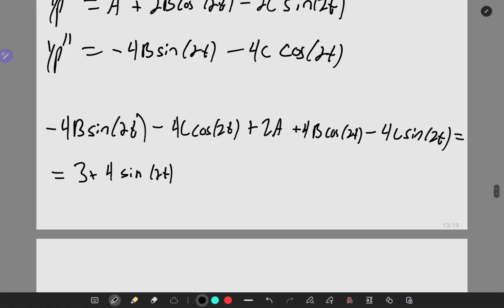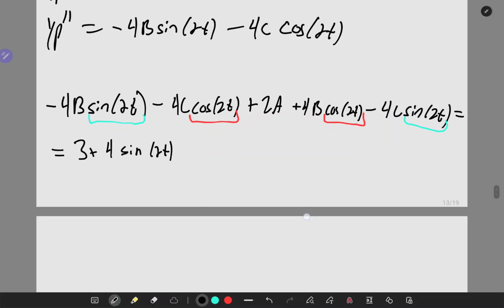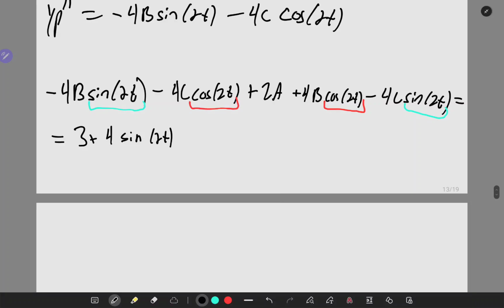So now let's simplify. Do any terms match? I don't think we have any terms that match here. What we can do is combine this, this, this, and this with each other. Let me do these in different colors. So we can combine them like this. Let's look at the signs first.